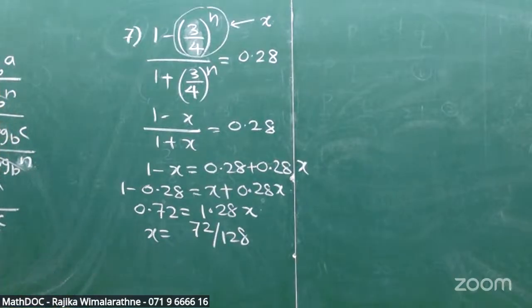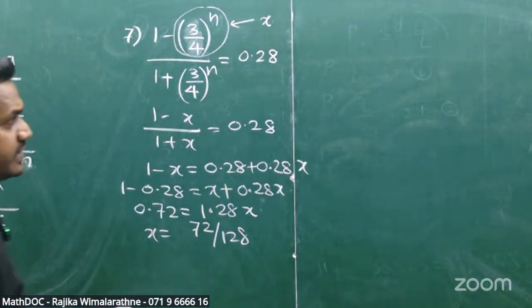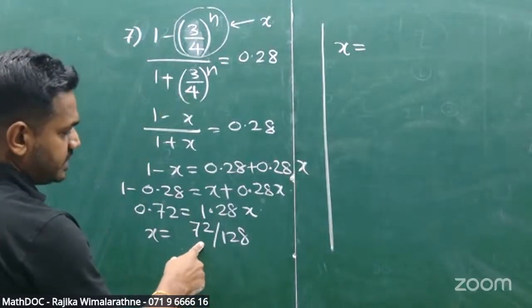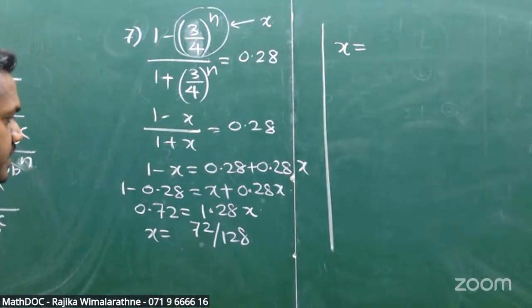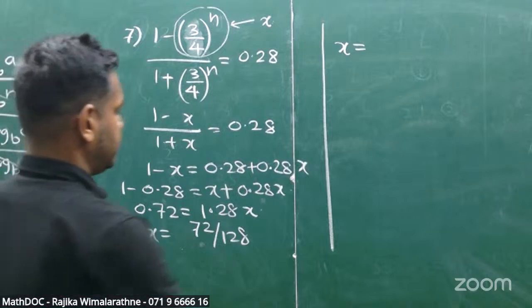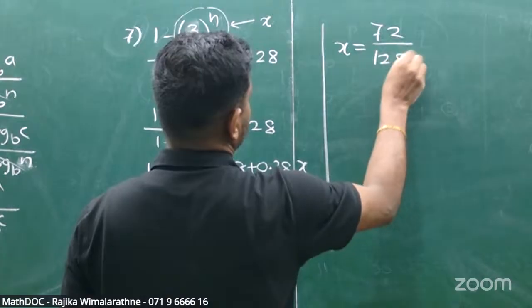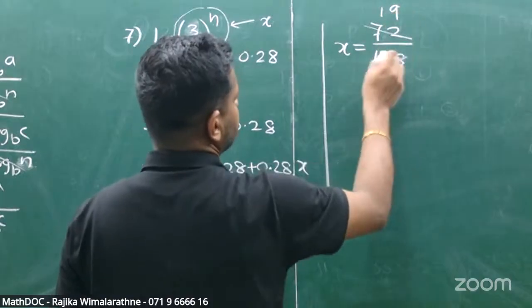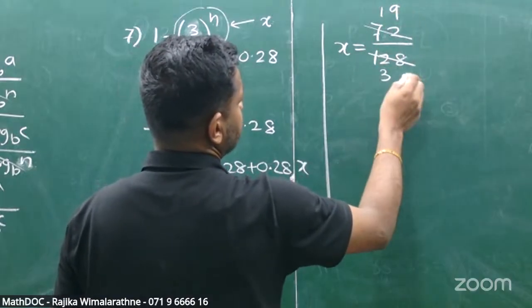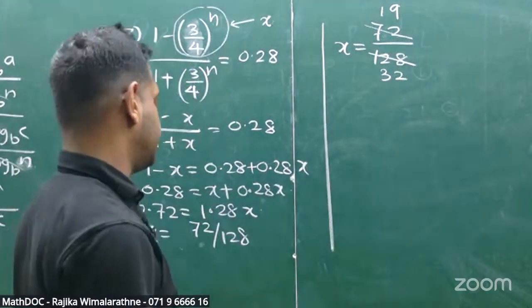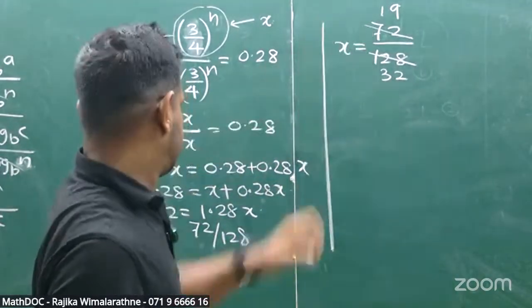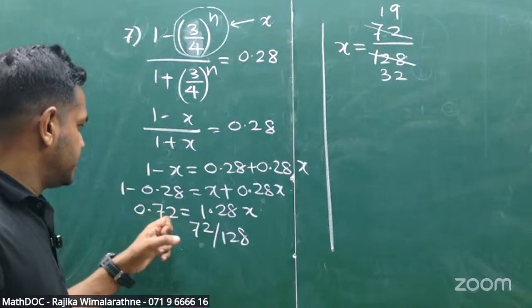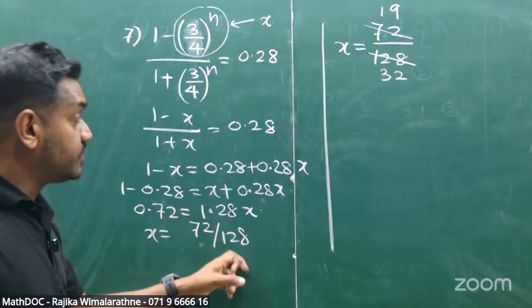72 over 128. Further simplify. X equals, here this is divisible by 4, no? 72 over 128, just divide by 4. Here 18 over 32.